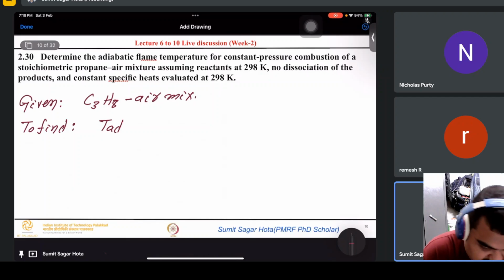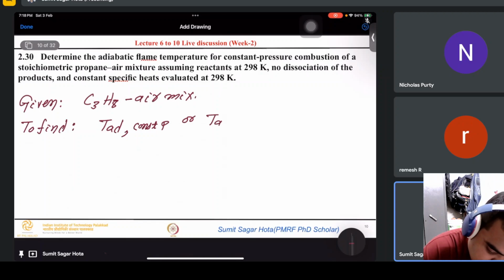Our objective is to find the adiabatic flame temperature at constant pressure. You can write it down like this also, with the adiabatic assumption.